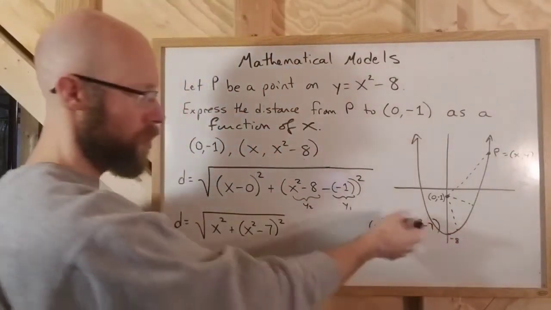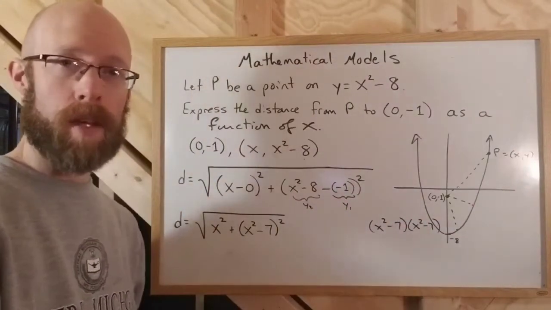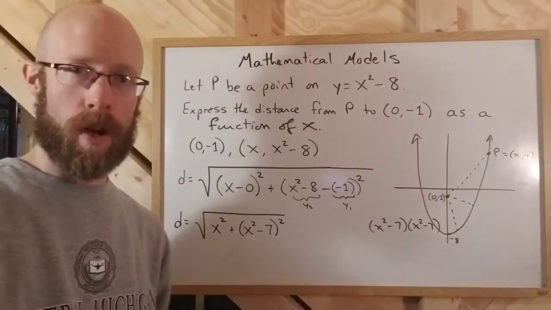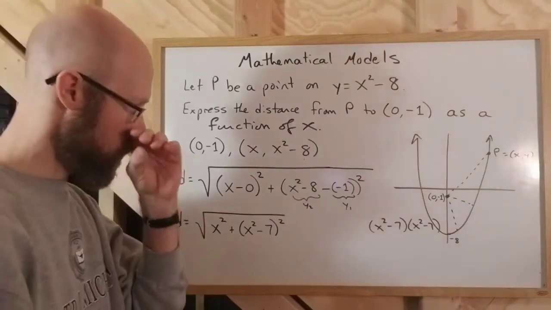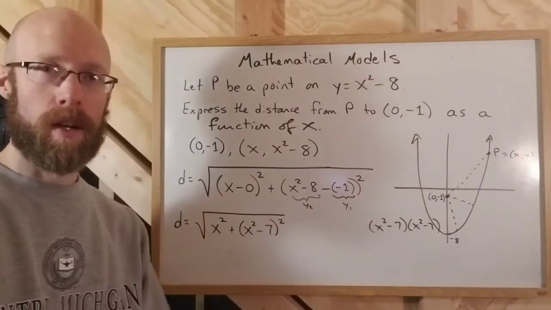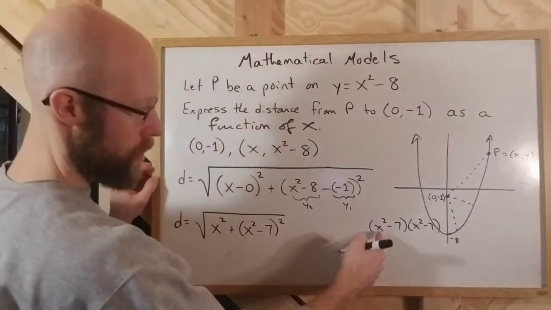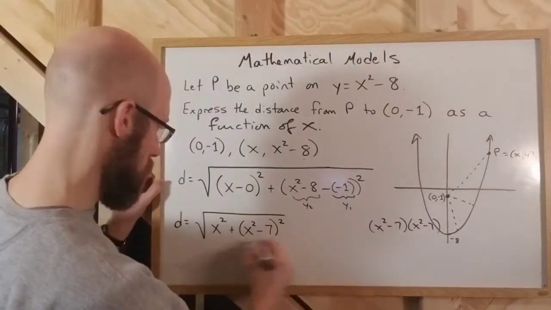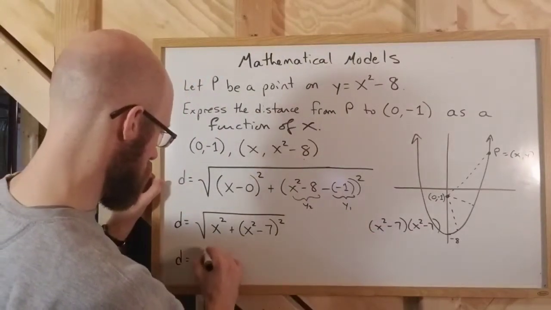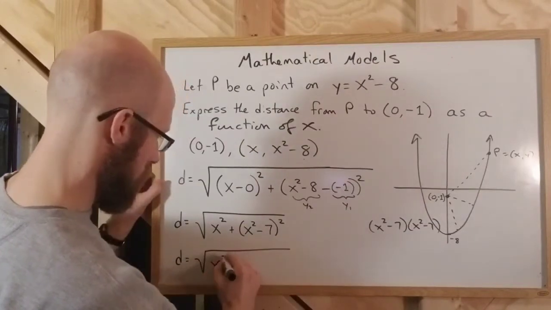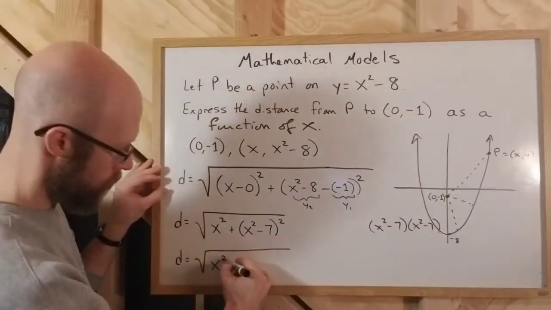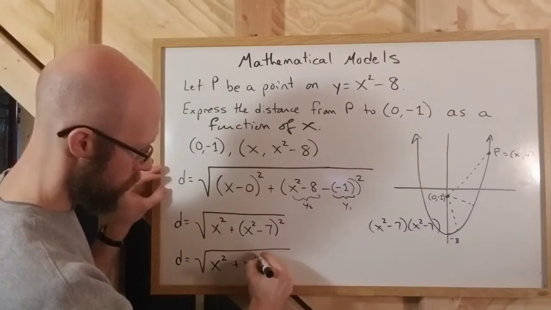I'm not going to go through all of the detail there because it's like a perfect square trinomial. It would match up one of the formulas on your mathematical property index, where you take the first term and square it. So the distance is, so the first term squared would be x to the 4th.